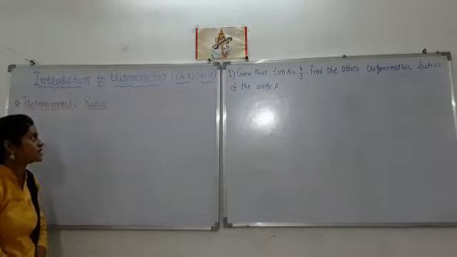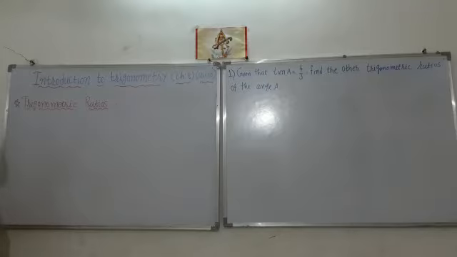Today our topic is Introduction of Trigonometry and our first topic is Trigonometric Ratios. First we understand what the trigonometric ratios are. Trigonometry is applicable only in a right angle triangle.